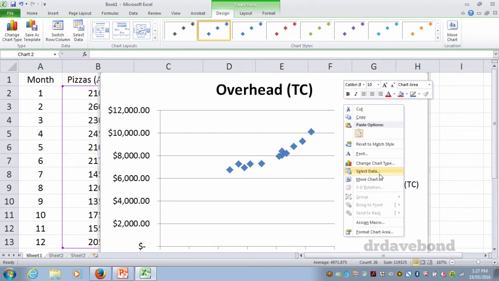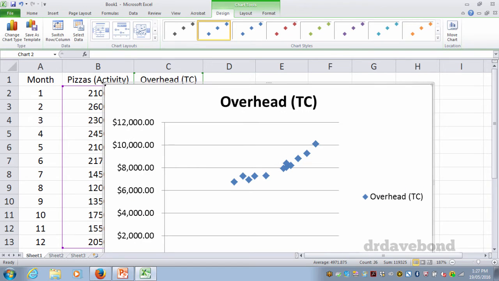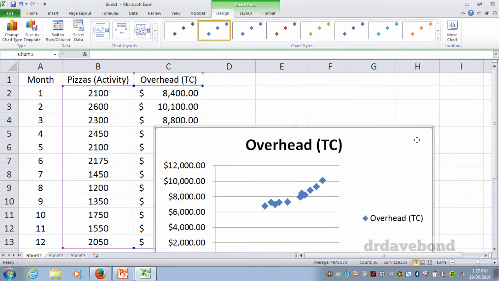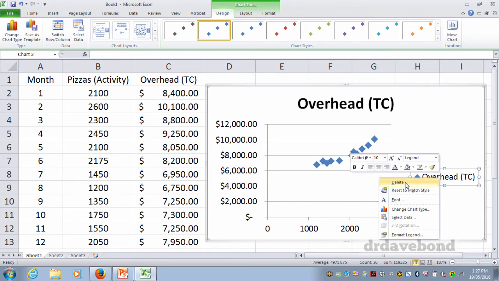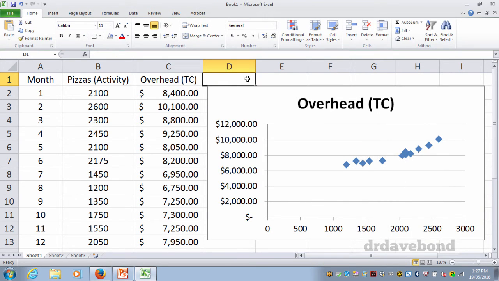I am going to minimize this a bit. All right. So we've inserted a scatter graph, and you can see there is some sort of linear relationship going on there. That's pretty self-evident just by looking at what we've got. So the only thing I've done at this point is insert a scatter plot of that information.